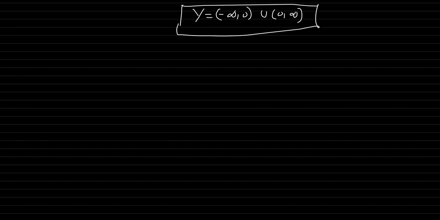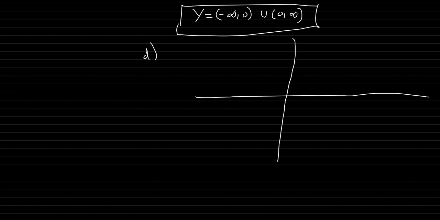Next, consider the plane R², and remove the real axis from this plane. Then we get the set R² minus R. Here R² minus R can be written as the union of the upper plane and the lower plane.